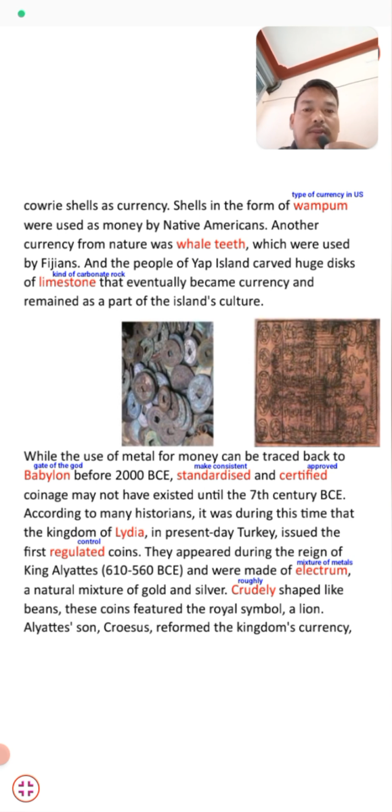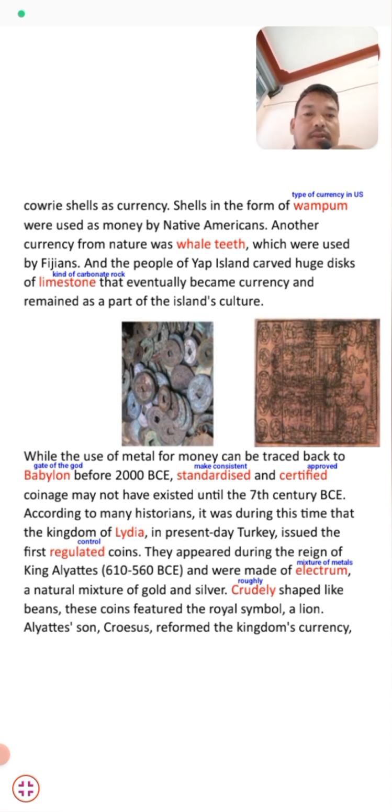Students, during that era, it remained unchanged, and those objects were created during the reign of King Alyattes, 610 to 560.